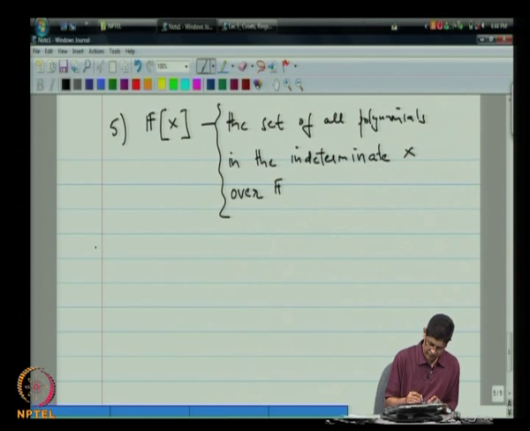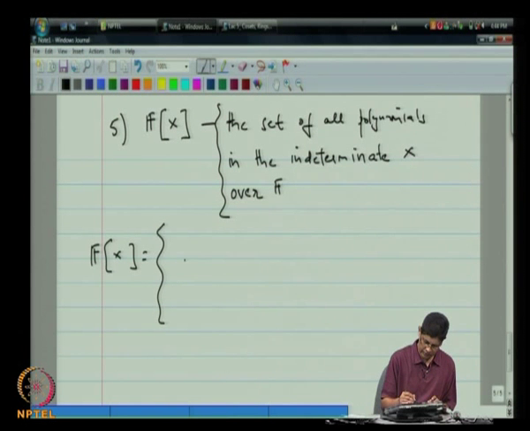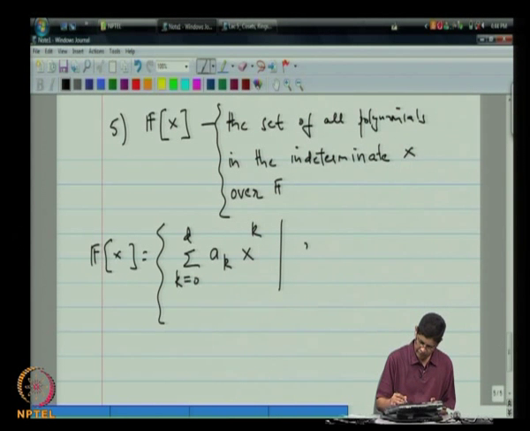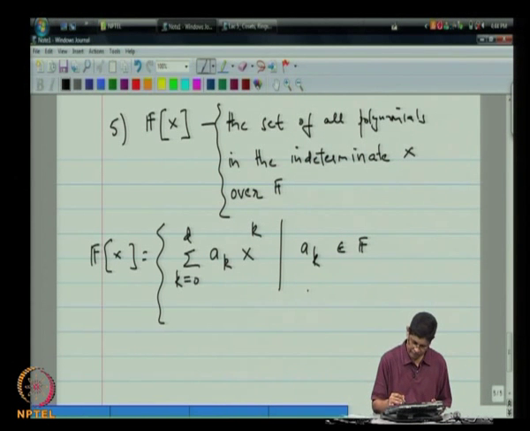So, another way of expressing this is to say that this is the set of all expressions of the form the summation k goes from 0 to d of a sub k x to the k, where the a sub k belong to F and where d greater than or equal to 0 is an integer.